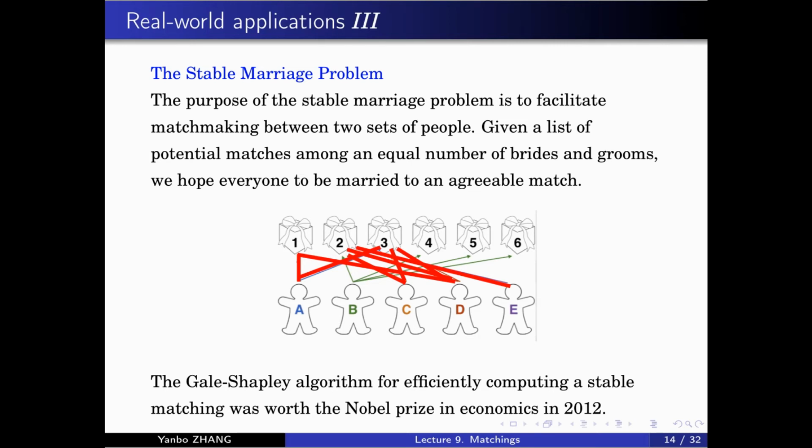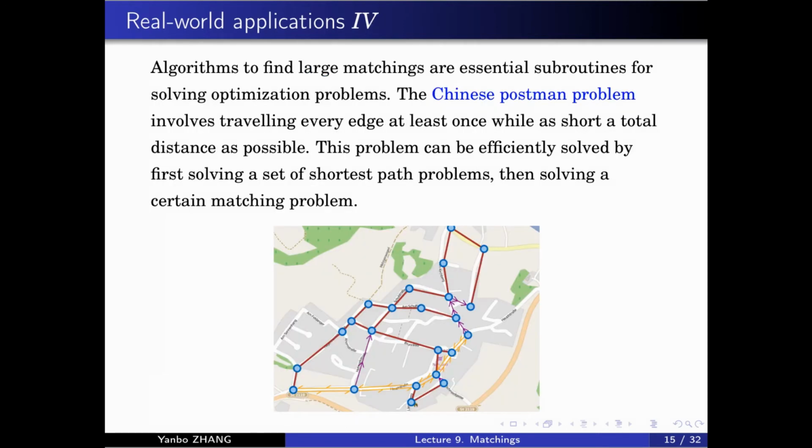So in the neighborhood of the 4 people, we have only 3 presents. So we cannot find a perfect matching. The Gale-Shapley algorithm for efficiently computing a stable matching was worth the Nobel Prize in Economics in 2012.